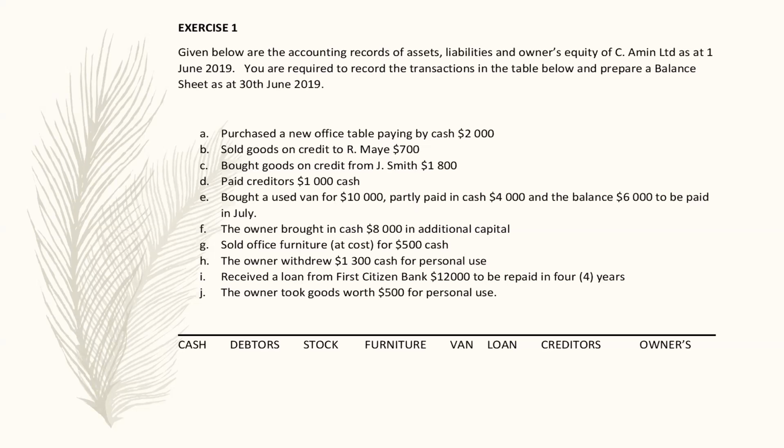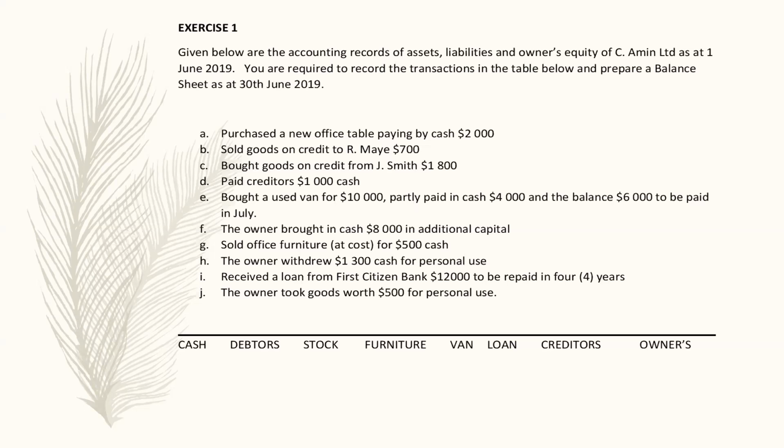Moving on to F. The owner brought, not bought, but brought in cash of $8,000 in additional capital. So more money was brought into the business. Once cash comes into the business, you go to the cash column and put plus $8,000.